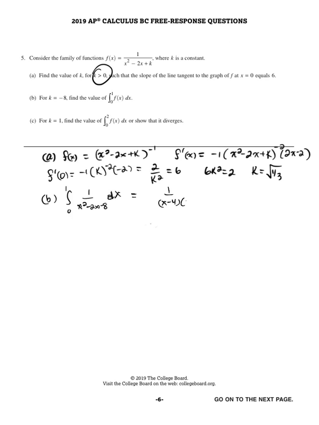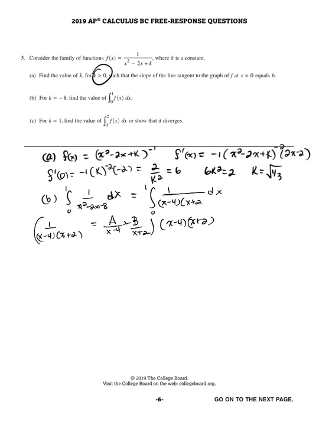I factor this, and then I'm going to take this integrand and set it equal to a over x minus 4 and b over x plus 2. I'm going to multiply the entire thing by the GCF, which is x minus 4 times x plus 2.